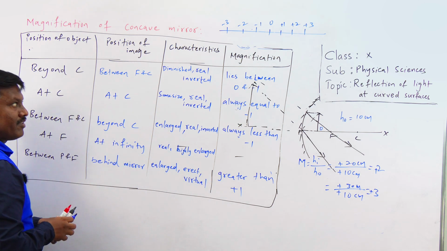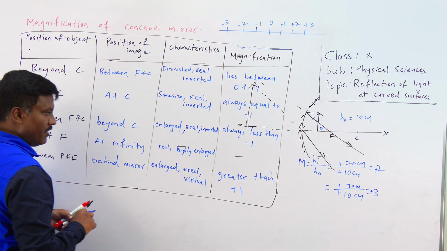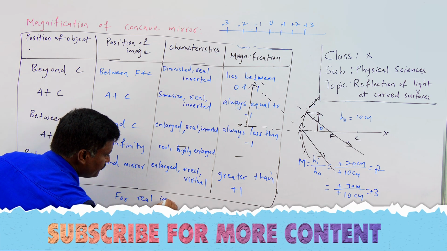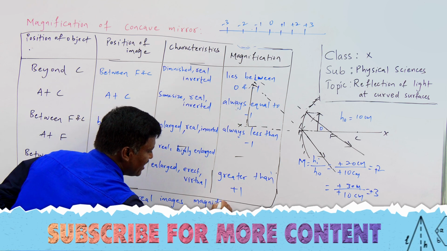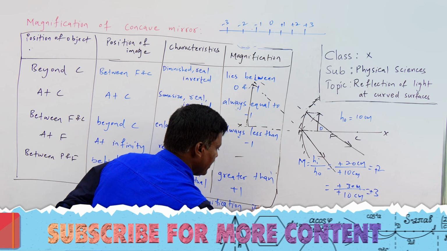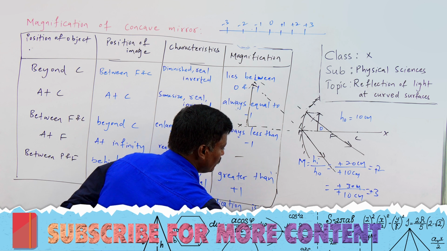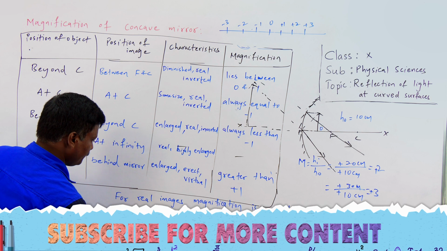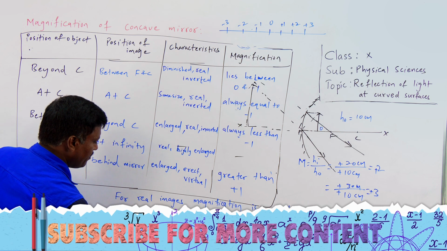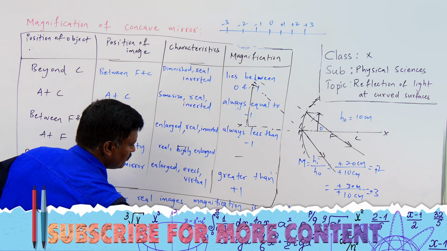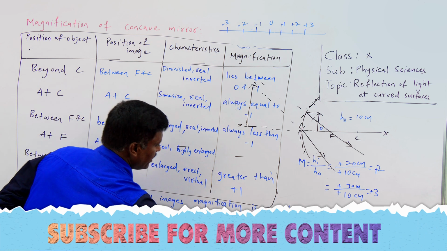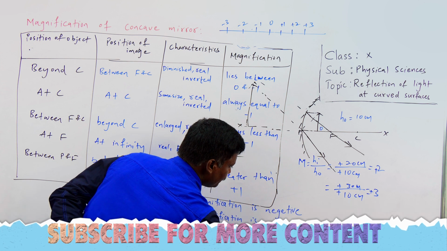So what is the conclusion from here? For real images, magnification is negative. For virtual images, magnification is positive.